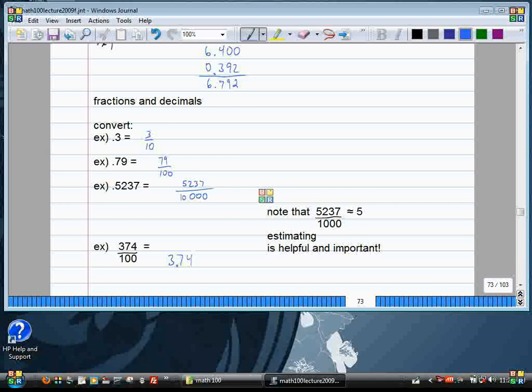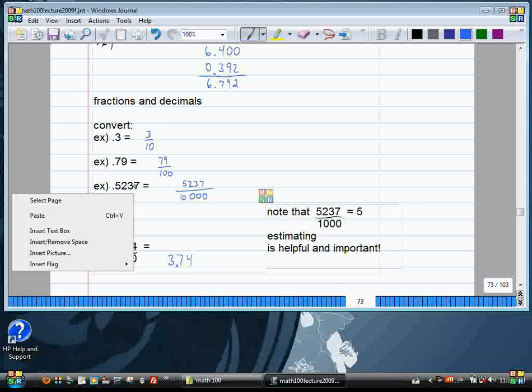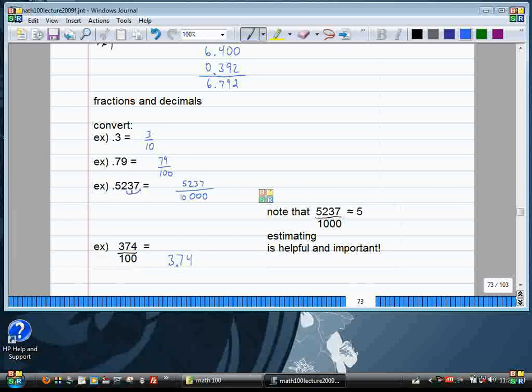There are 4 zeros. So it's like starting with the decimal point here and going 1, 2, 3, 4. Only now we're doing it directly. We're dividing by 100. So how many places is that going to move the decimal? It's going to move it 2 places. And we're dividing by 100, so it's going to move it 2 places to the left to make the number smaller.